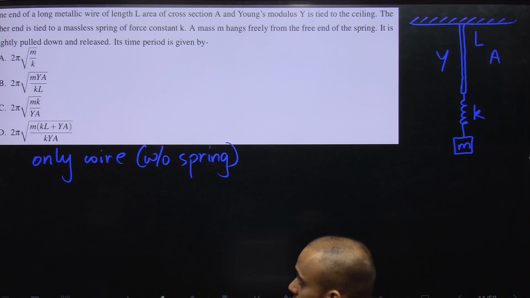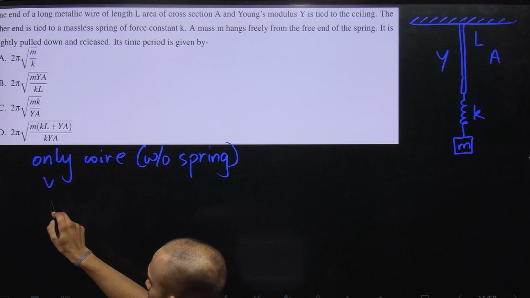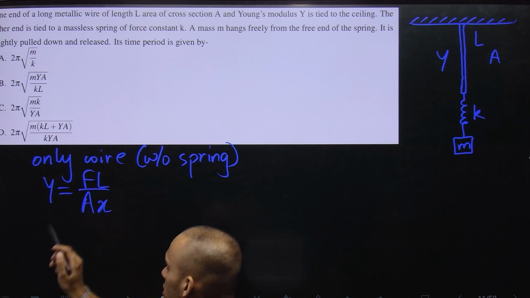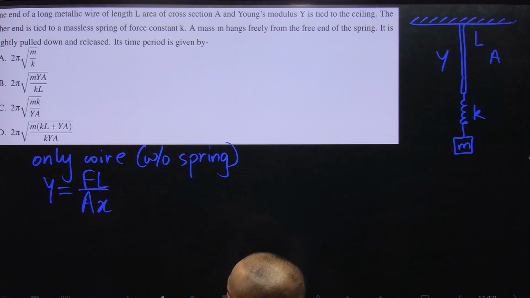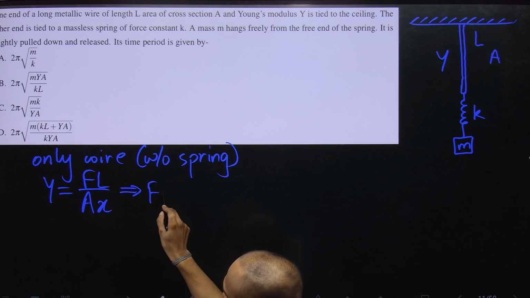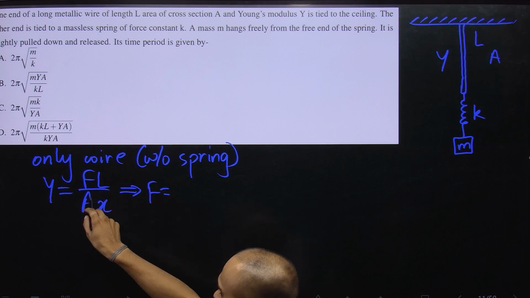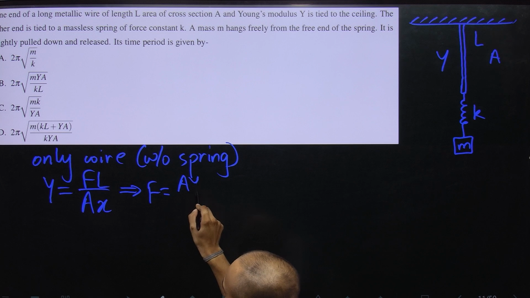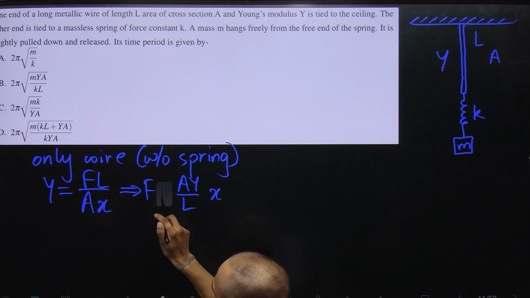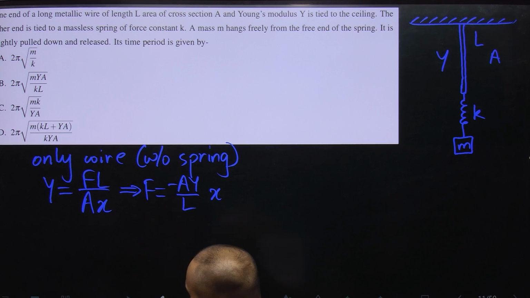So we can write the Young's modulus as F into L upon A into delta L, which is x we can write. So from here we can write the value of force as F is equal to AY upon L into x. And of course, since the force is a restoring force, we can write it with a negative sign.